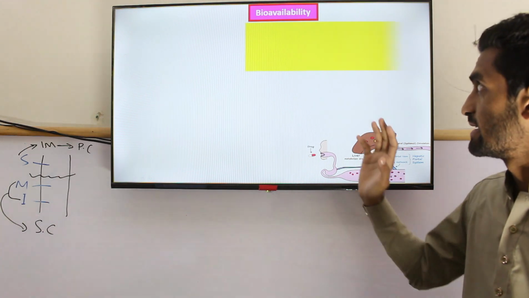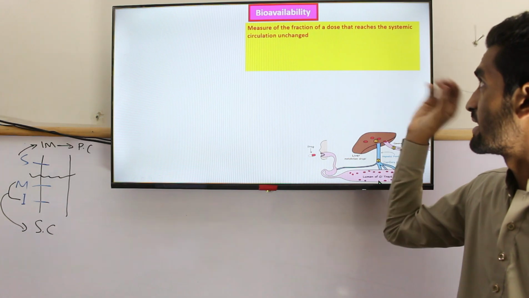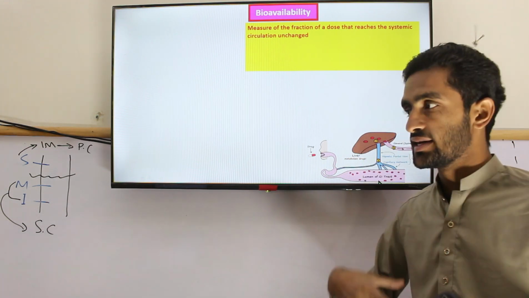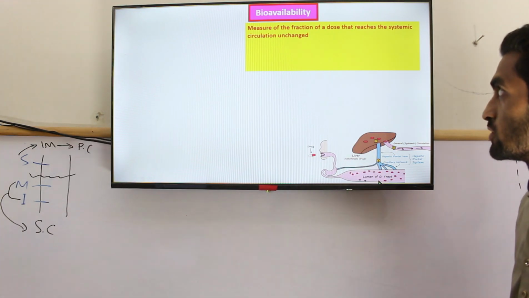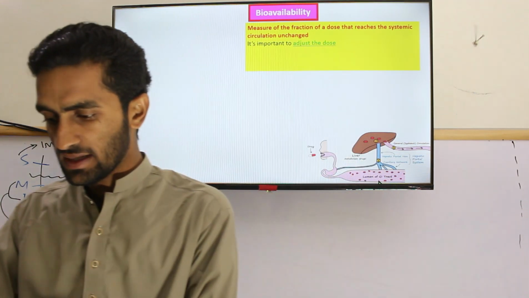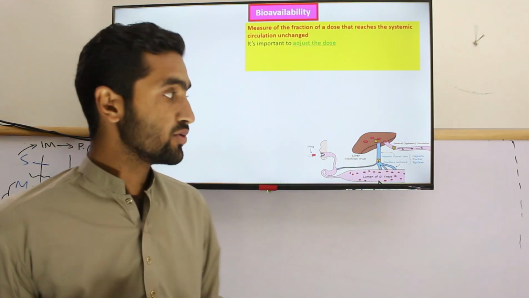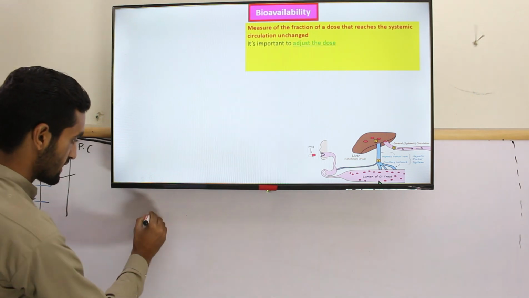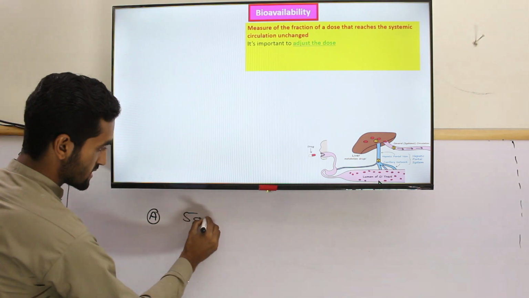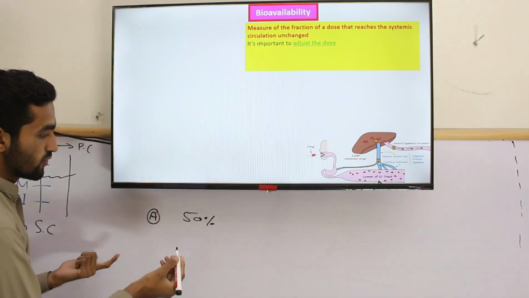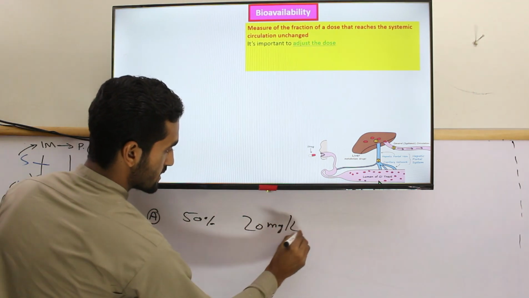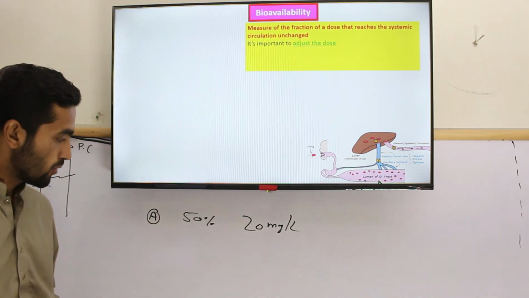Okay, now let's look at the bioavailability. I think we have already covered it. It is the measure of the fraction of the dose that reaches the systemic circulation unchanged. How is my drug actually reaching your systemic circulation? It is important to adjust the dose. Why is it important? I will give you an example. For drug A, its bioavailability is, for example, 50%. If you want a 20 mg per liter concentration in the plasma, how much drug do you give?